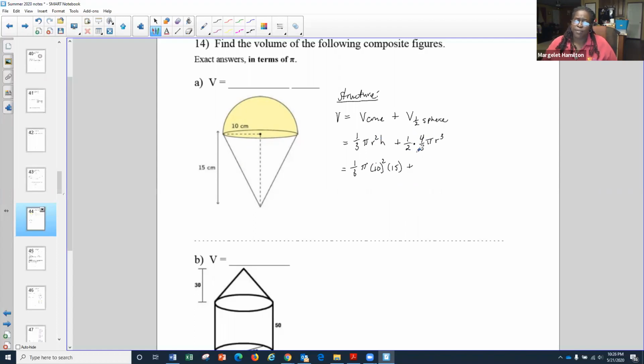In order to simplify this part so I only have one fraction there, I'm going to go ahead and say 2 can go into 4 2 times. And that way I can get rid of this fraction right here and I only have one fraction there. Because that's one less, right? So I really have 2/3 pi. And then I'm plugging in my radius for the sphere, which is 10. And I have to raise it to the 3rd power.